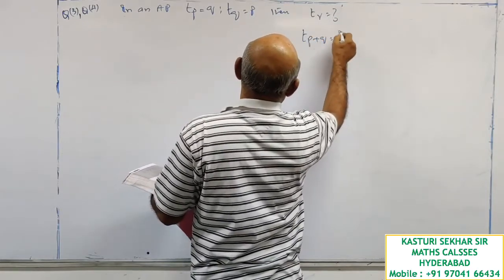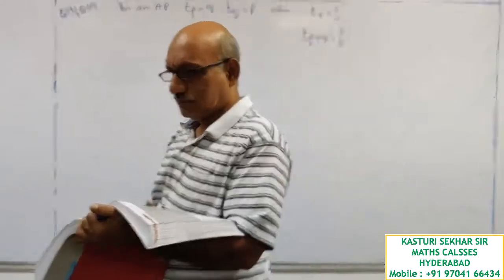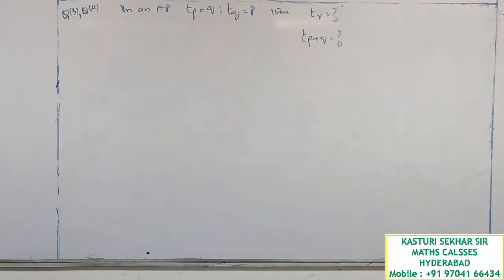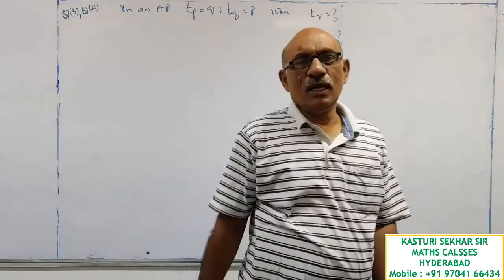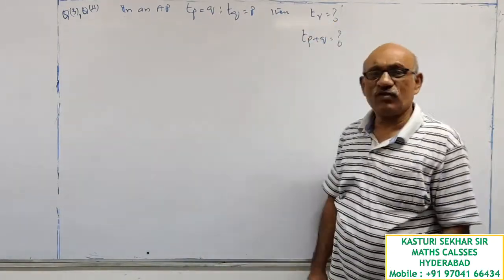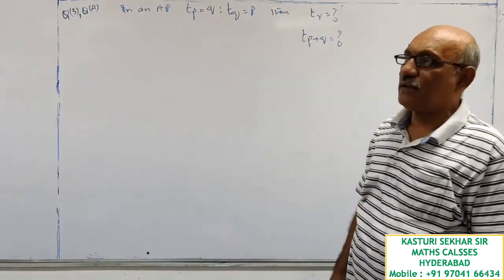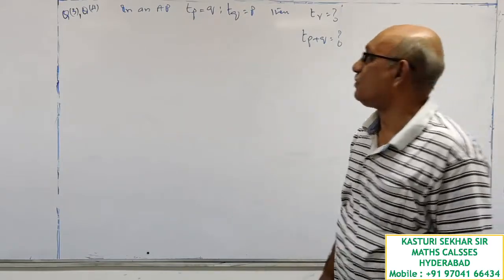For question number 4, T of P plus Q is question mark. So here numerical numbers are not given, which means you don't have any other approach except following the descriptive one.